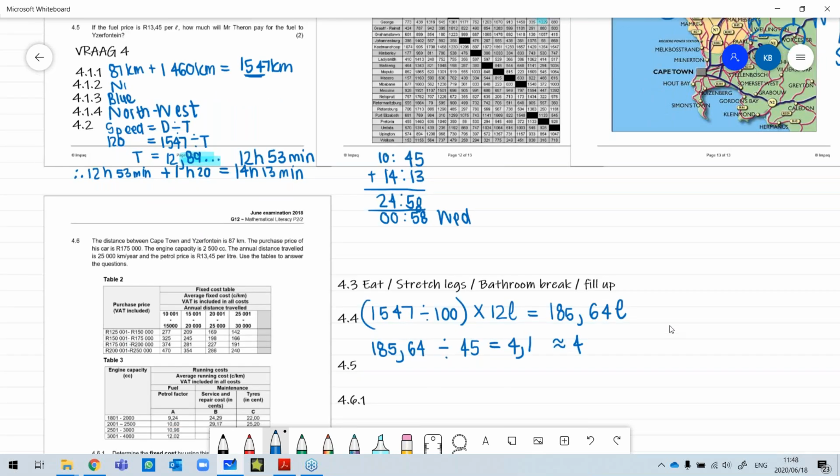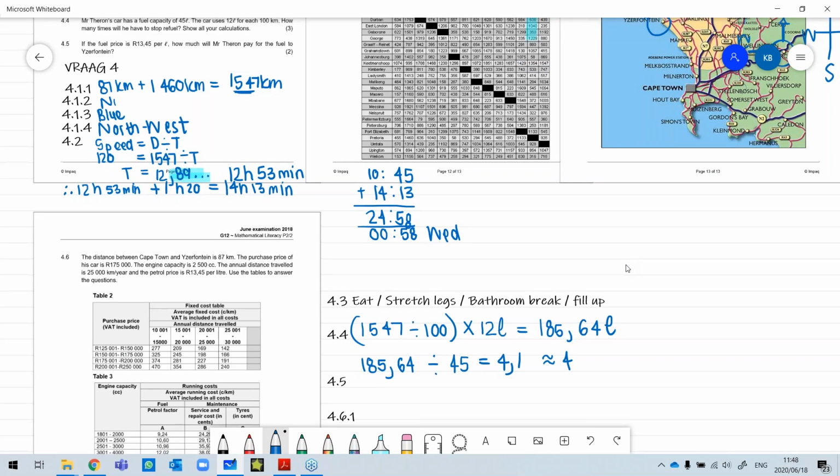It's the last question there at the top. If the fuel price is 13 Rand and 45 cents per litre, how much will Mr. Theron pay for the fuel to Eiserfontein? Quite straightforward. We are going to say 4 times 13 Rand and, not 4 times, I apologize. Remember, 4 is only the times we fill the tank.